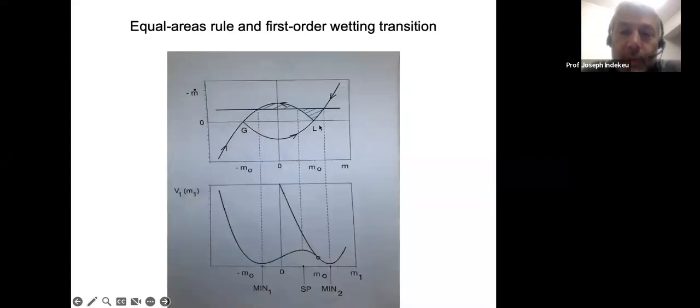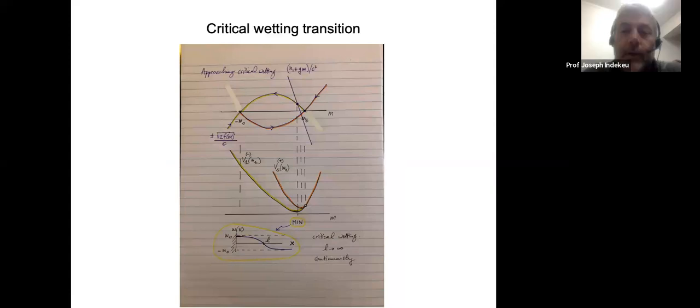If you would be on the border of that regime where this boundary condition straight line would come in here tangentially to this parabola and meet the parabola exactly at the point L or M plus M0, if we would arrive at that particular delicate choice of transition point, we would encounter what is called a tricritical wetting transition. So that's a special case where the first order transition regime goes over into the critical wetting regime. So that's also a possibility in this beautiful, simple density functional theory.